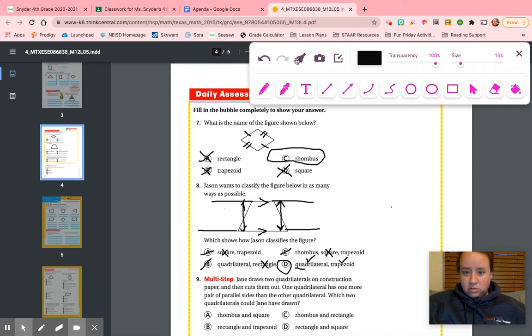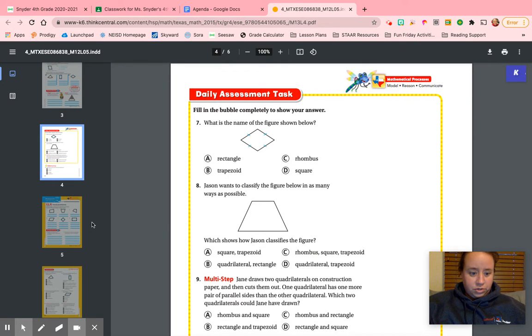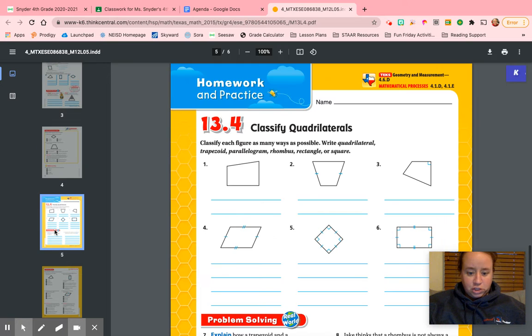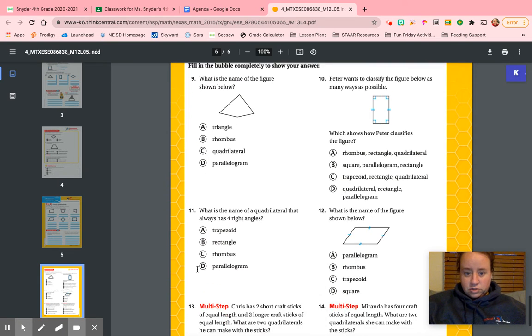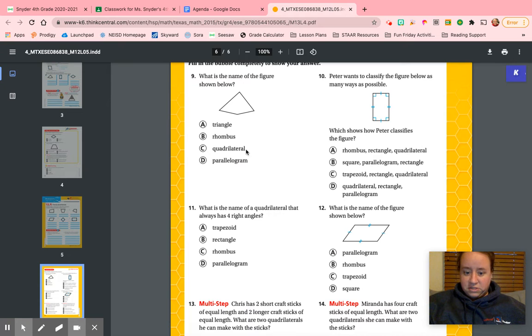All right, so now get rid of this. You guys were to go down here. So page 5 you did yesterday, and page 6 is today. So here, same type of stuff. What's the name of the figure? How can we classify this as many ways as possible? What is the name of a quadrilateral that has 4 right angles?